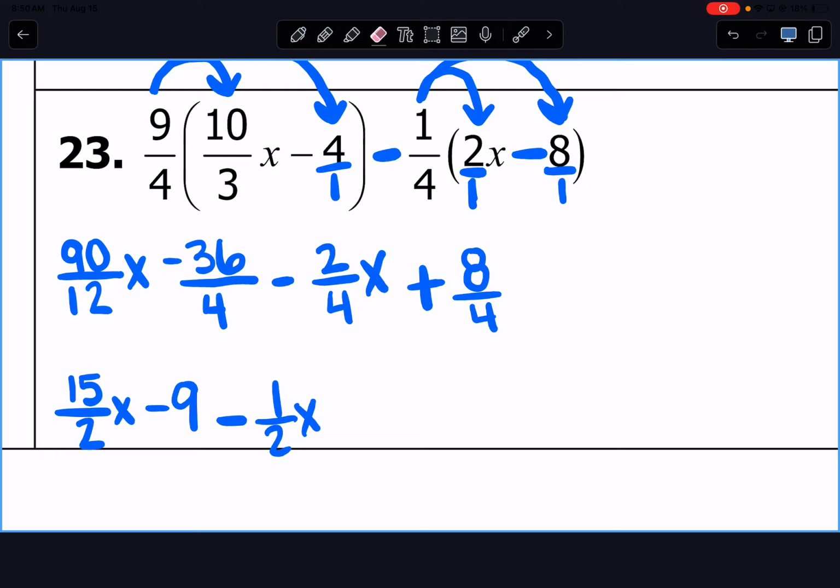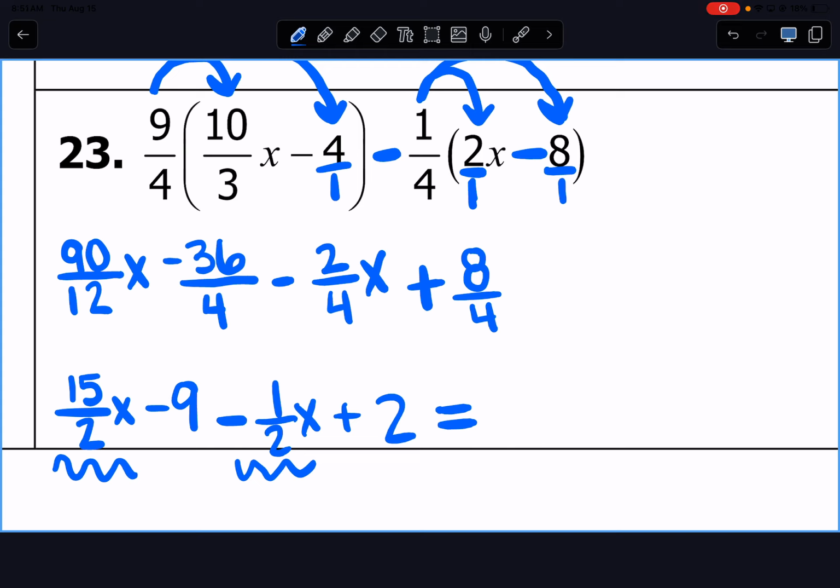Can I simplify 8 over 4? To what? Yep. Now it's combining like terms. Does 15/2 x have a like term? Yep. Can I just go ahead and combine those? Yeah, because they have the same what?